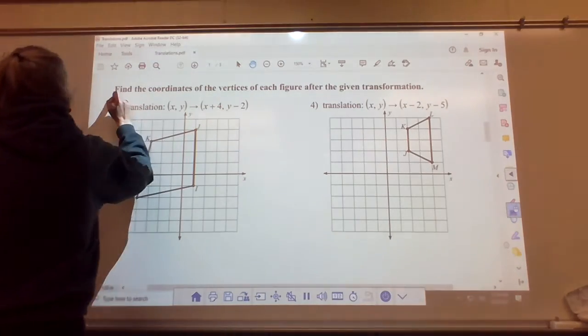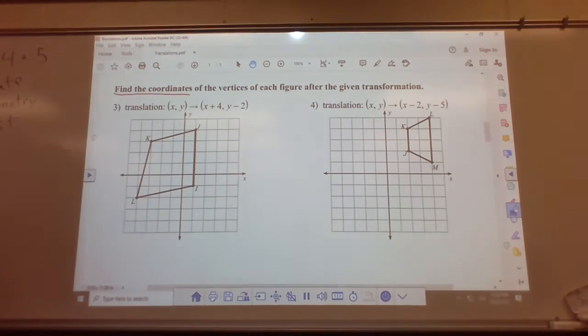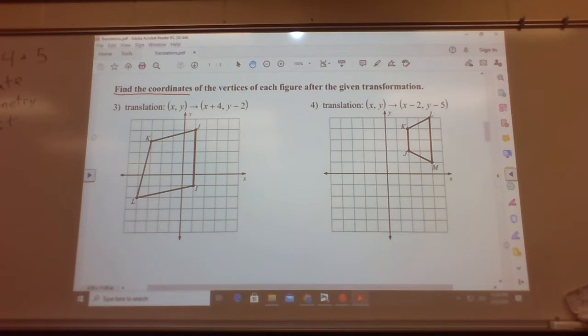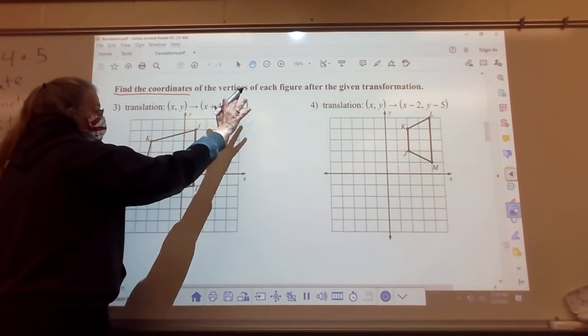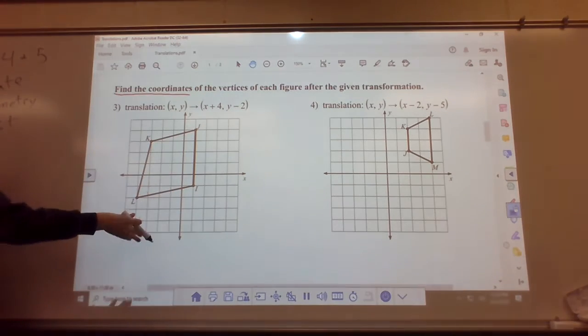So on this one, it wants us to tell the coordinates. You'll hear me say this a lot the next couple weeks until the test: the state tests sometimes have you graph things, but other times they give you a graph and want to know where something is on the graph. What coordinate did this end up at? So you have to make sure you know how to get the coordinates at the end. I'm going to do the transformation first, get everything graphed, and then we'll do the coordinates at the end.